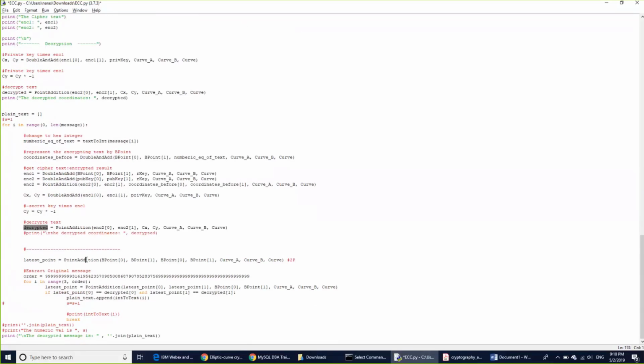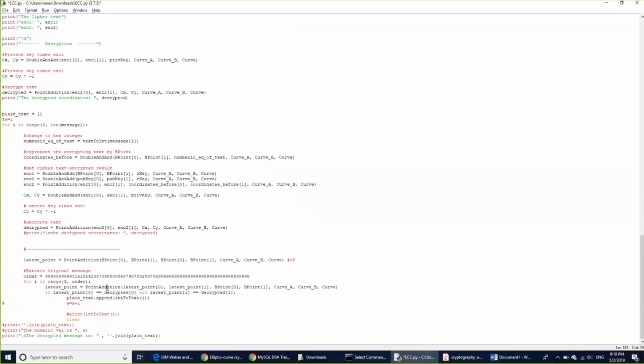And again, it uses the point addition calculation to generate the latest points, and this portion extracts the original text message. It means decrypting the original message from the encryption.